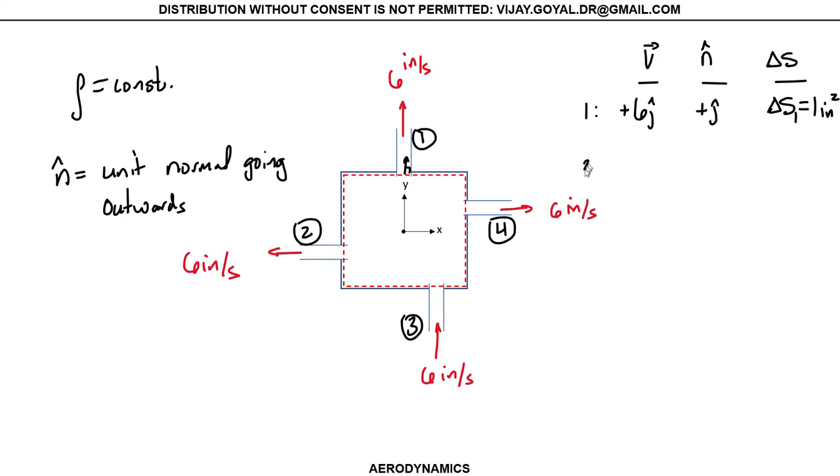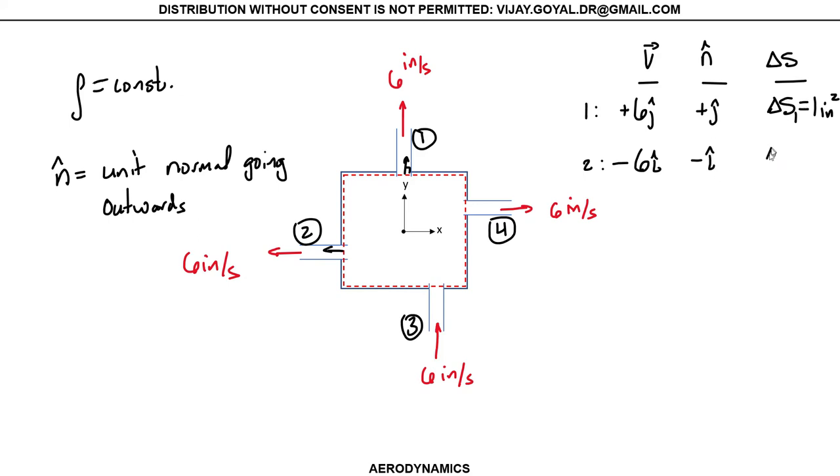So let's go to 2. Okay, this is 2, and note that this is going in the opposite direction of x, so this is minus 6i because it's in the x direction, and your unit normal to this will be like this. Therefore, since it's going in the opposite direction of x, this will be minus i.